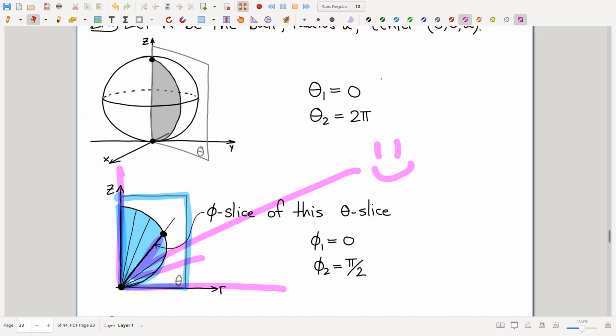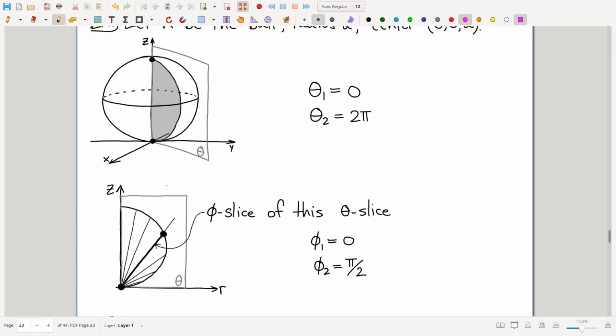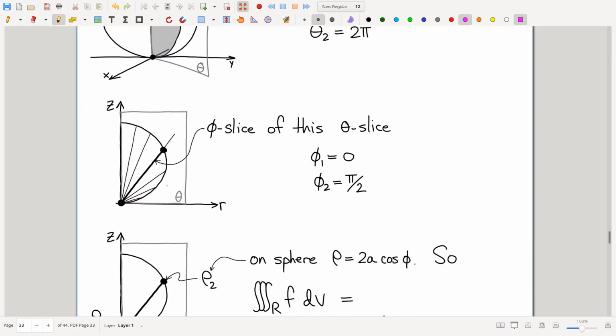So with that in mind, looking now at our theta slice, let me draw this again. There's our theta slice. Here are our phi slices. They start at phi equals 0.